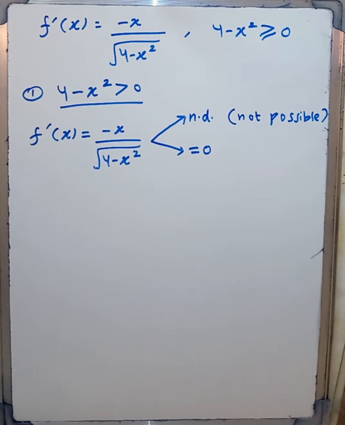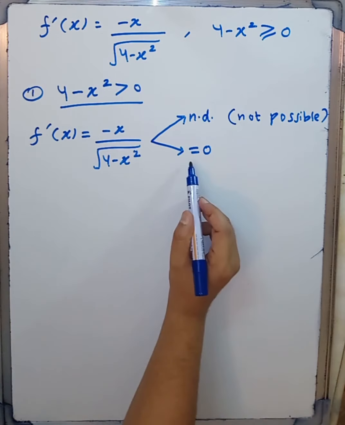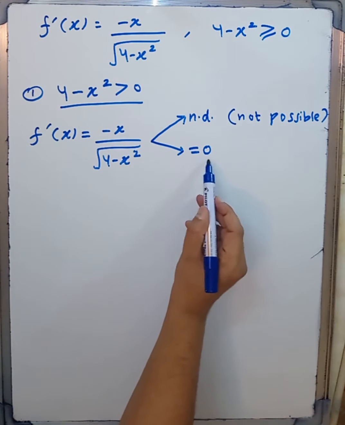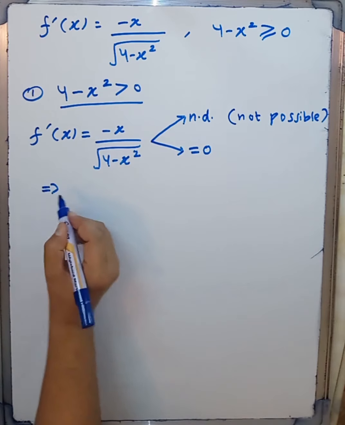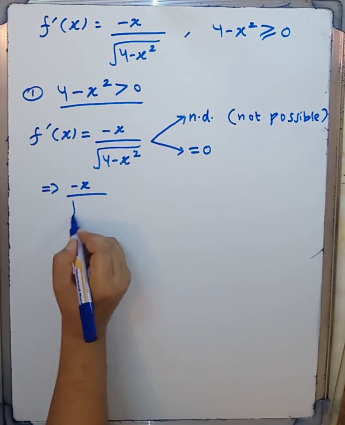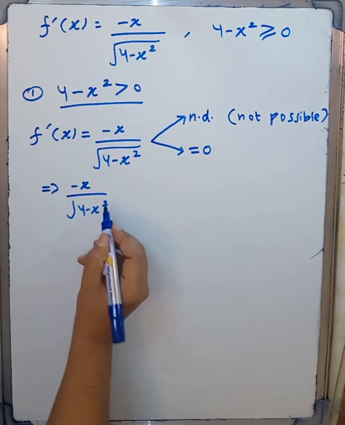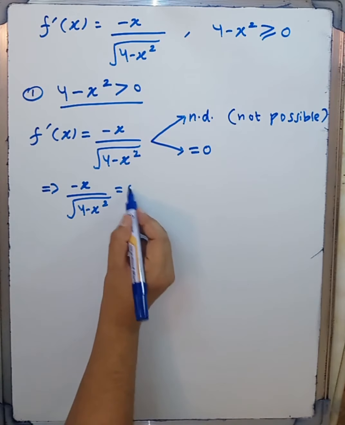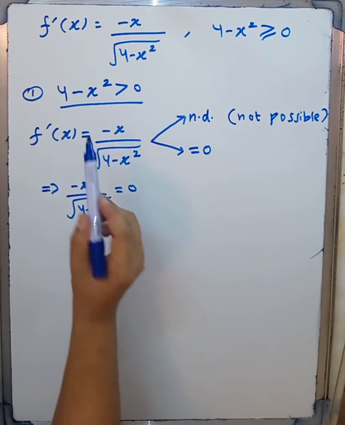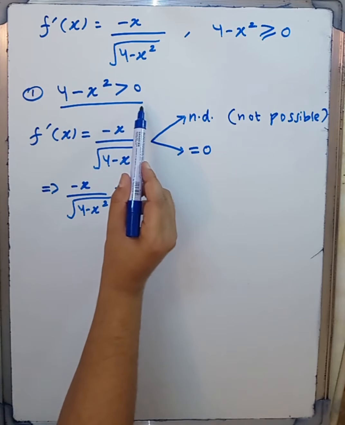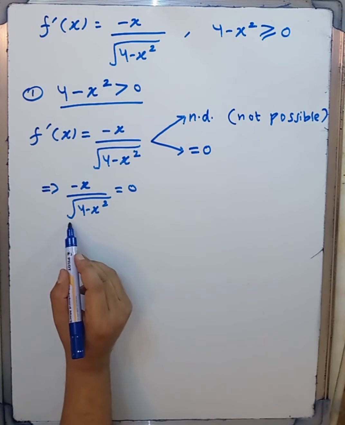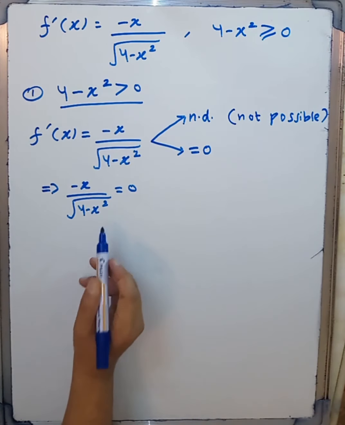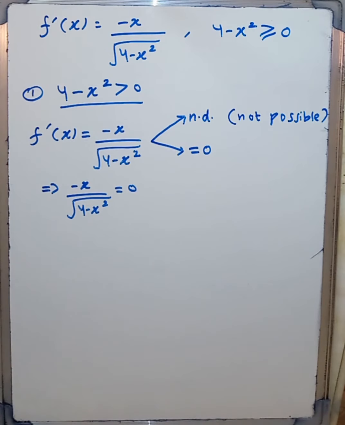Now let us see the second case when f prime is equal to 0. This will give us minus x over square root 4 minus x square is equal to 0. Because 4 minus x square is greater than 0, and hence square root of 4 minus x square will be a non-zero number, and hence we can cross multiply.